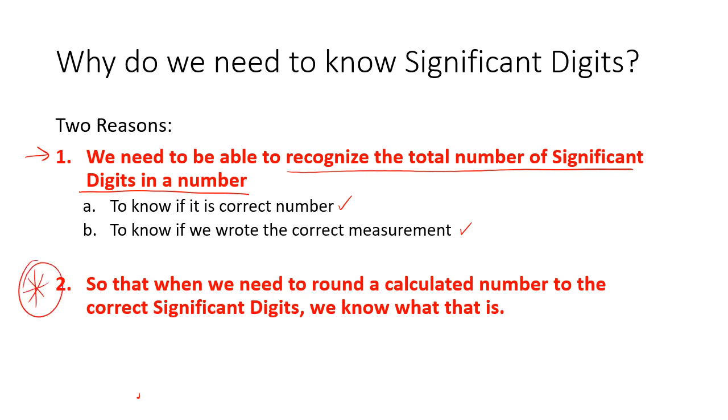Importantly, when we need to round a calculated number, we will know how to count the number of digits over to the number we need to round at. I know it's a little confusing and we're not quite to math yet, but if we can count sig figs, we can do all the math.